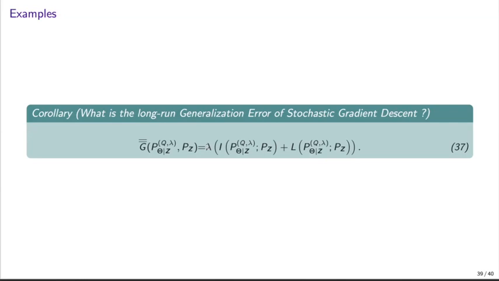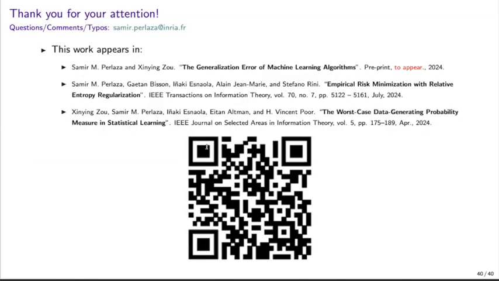So with that example, I hope I convinced you that, despite the fact that these results are very theoretical, when the connection between algorithms and probability distributions is made, the tools that I have presented today give us immediate results.